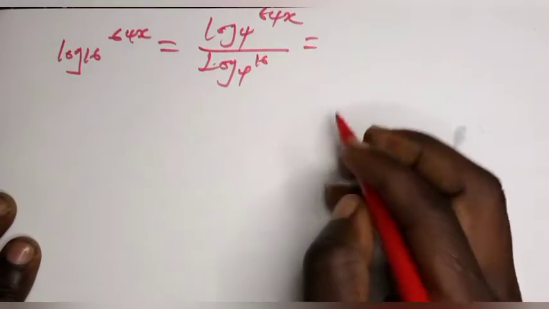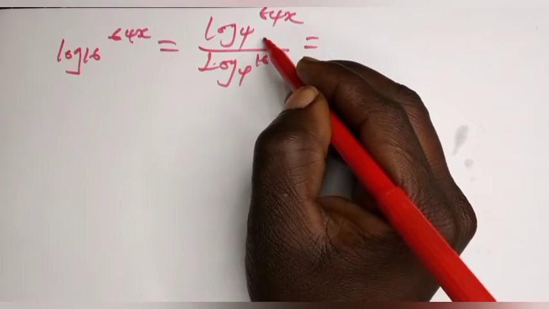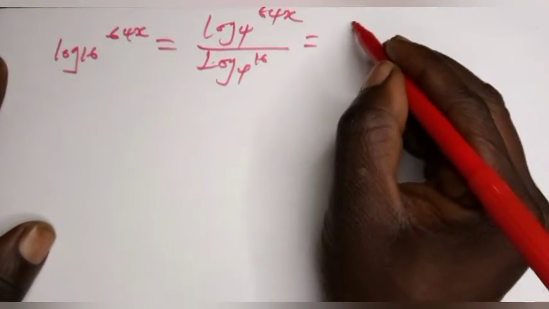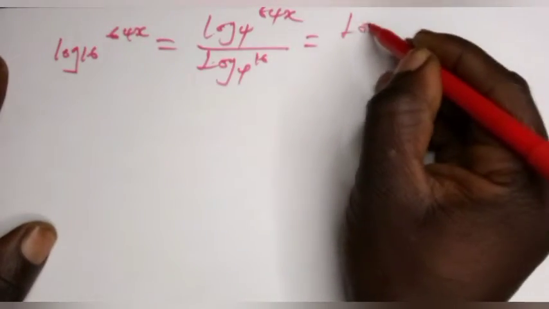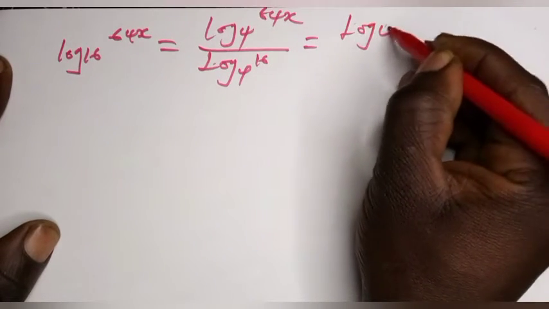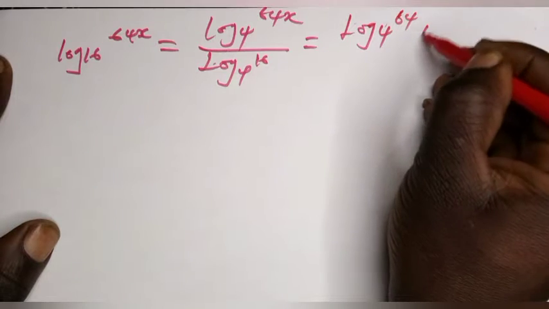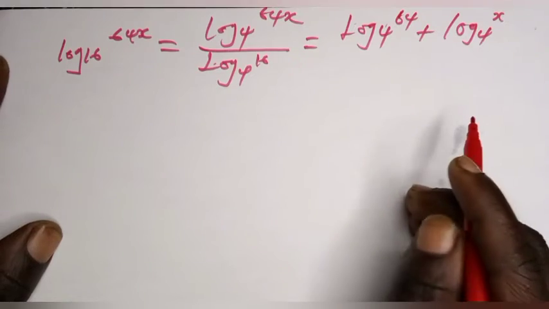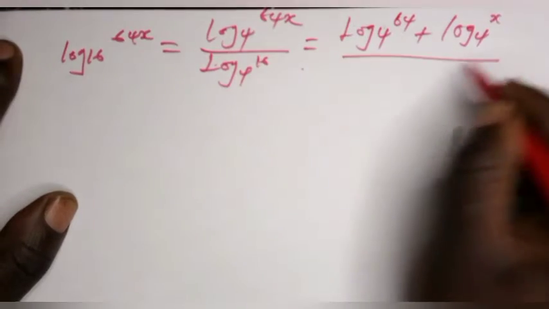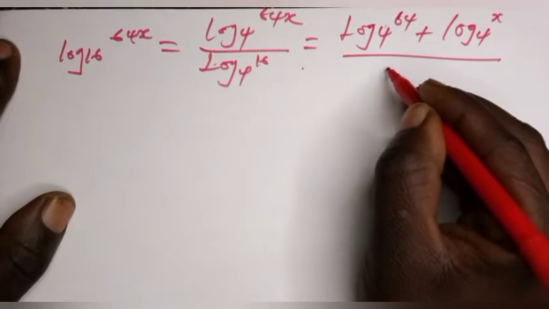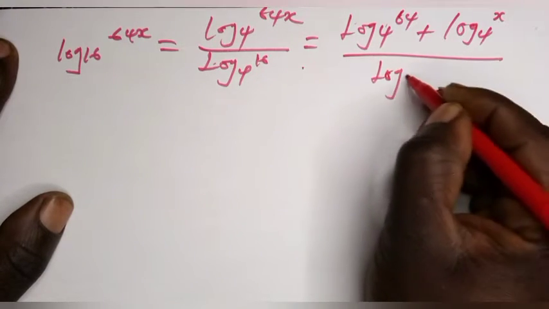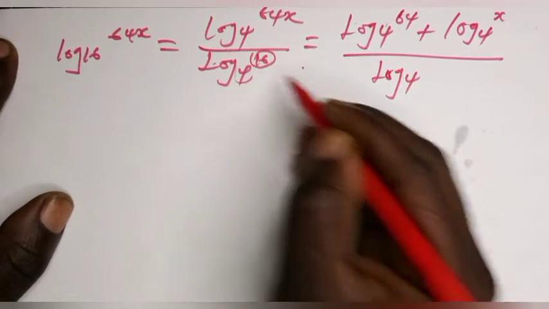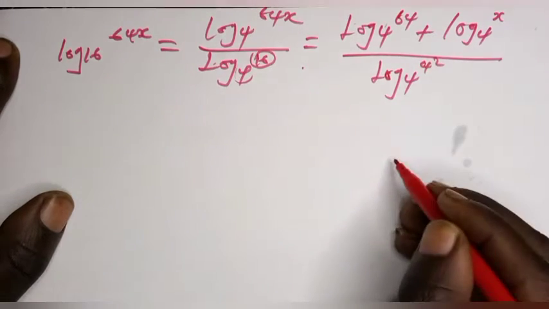Which is equal to, also when there is multiplication, we all know that we are going to add. Then on top it will be log 4 power 64 plus log 4 power x, over log 4 power 16 reduced to the same base, 4 power 2.